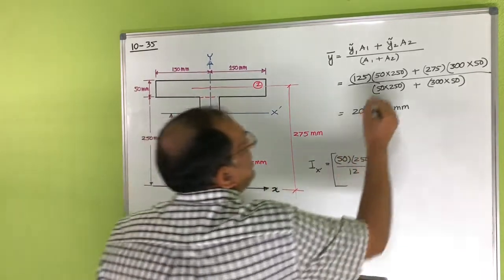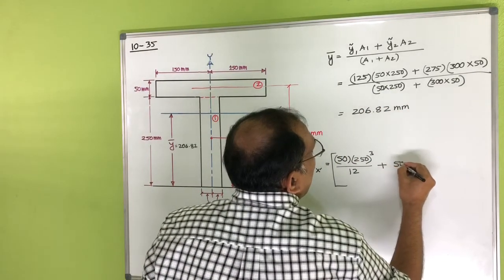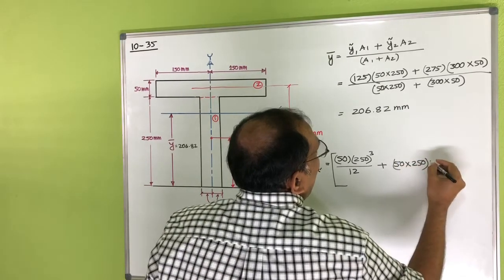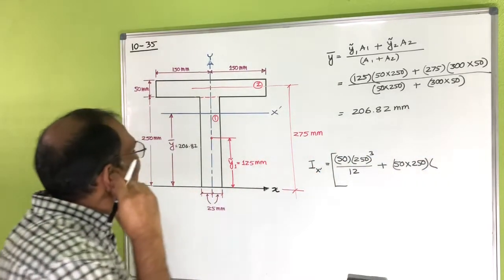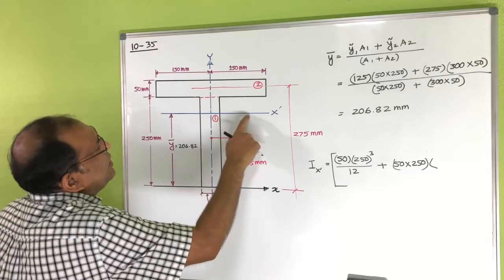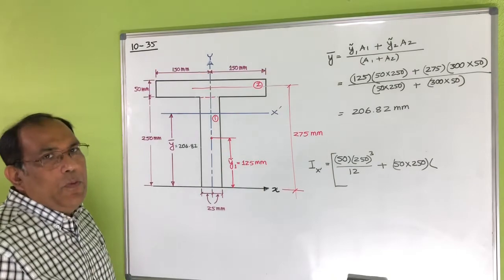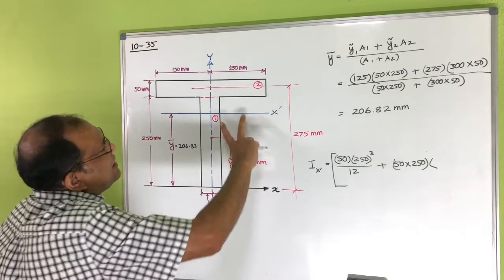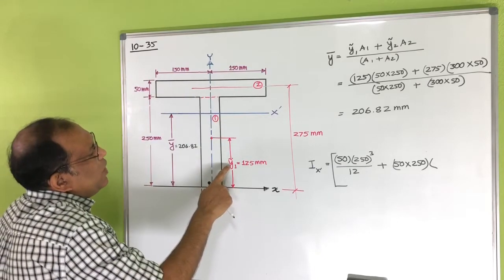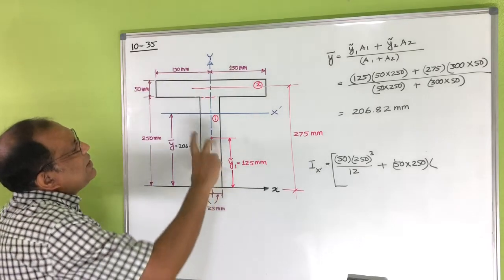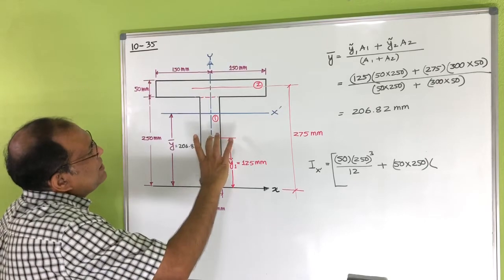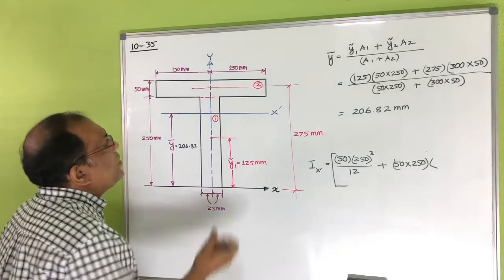So A is 50 multiplied by 250. And what is your D? You can see the D is the distance from the centroidal axis of that component to the axis at which I'm trying to find my moment of inertia. So basically this distance is y bar minus y1 tilde, right? You can see this is your y bar minus this one. That's the distance here.